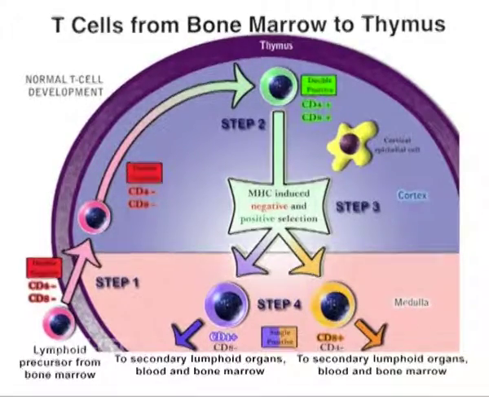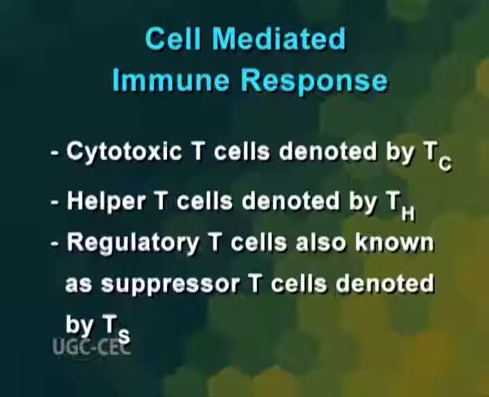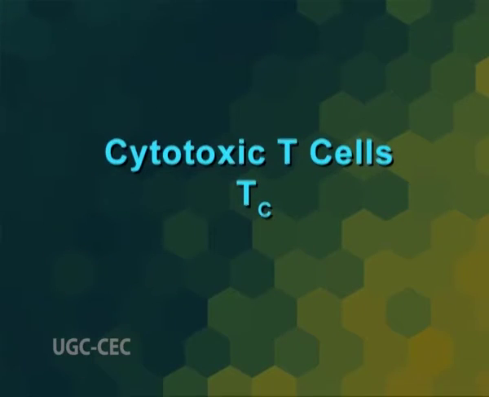Following subsets of T cells are usually found functioning for cell mediated immune response: cytotoxic T cells denoted by TC, helper T cells denoted by TH, regulatory T cells, also known as suppressor T cells, denoted by TS.